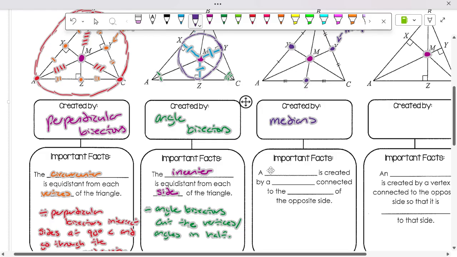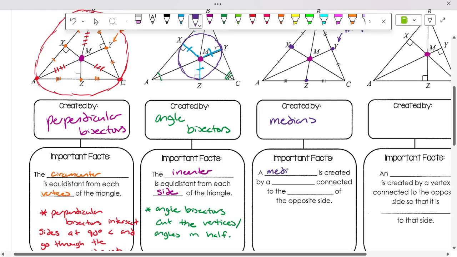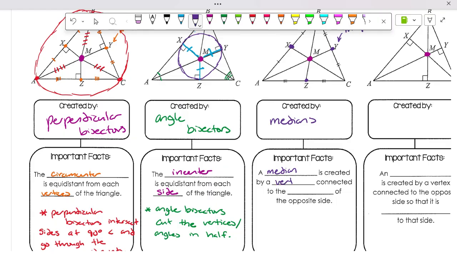So a median is created by a vertice connected to the midpoint of the opposite side.